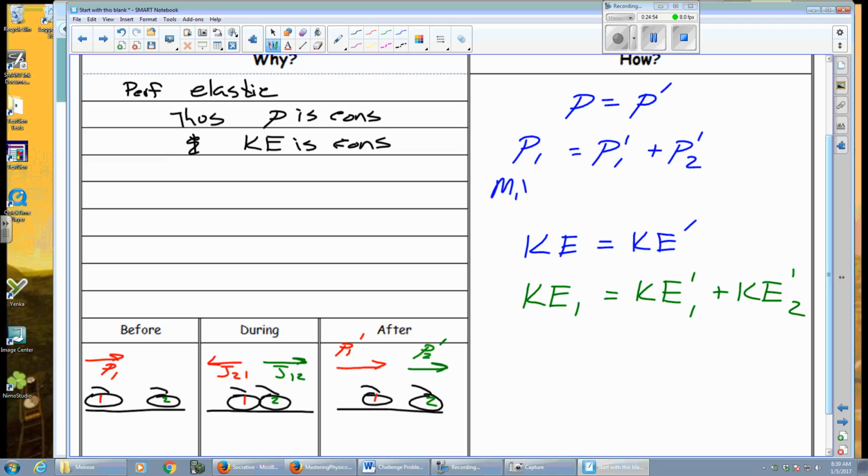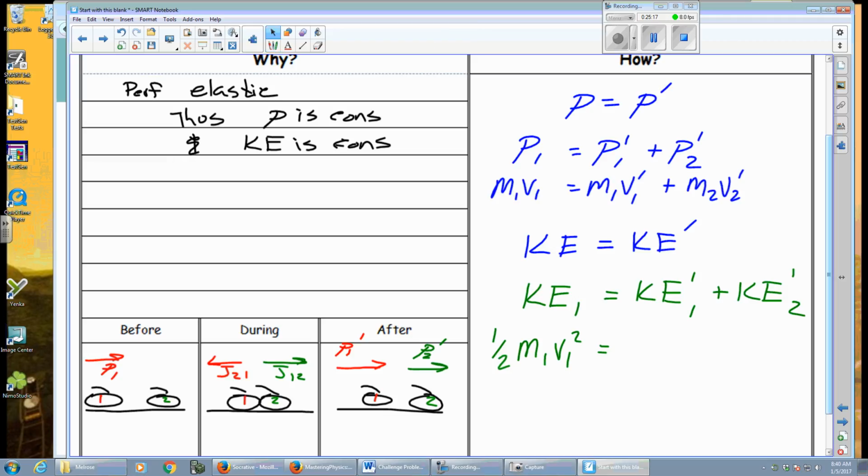So M1 V1 equals M1 V1 prime plus M2 V2 prime. The prime just means a different value. So we could call it V1. In fact, we'll switch it, just because I know it's bugging some people who take calculus.